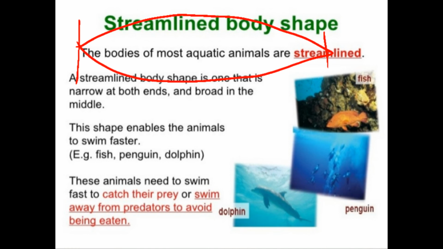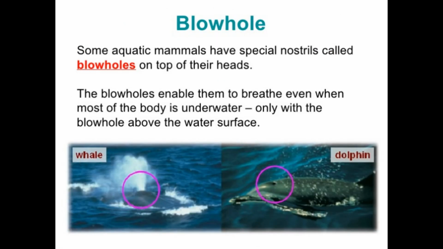So this shape enables the animals to swim faster, like fishes having streamlined bodies, like penguins, like dolphins, like guppy, tuna, barracuda, and shark even. And these animals need to swim to catch their prey, and to swim away from the predators to avoid being eaten. They normally escape from danger by moving faster.